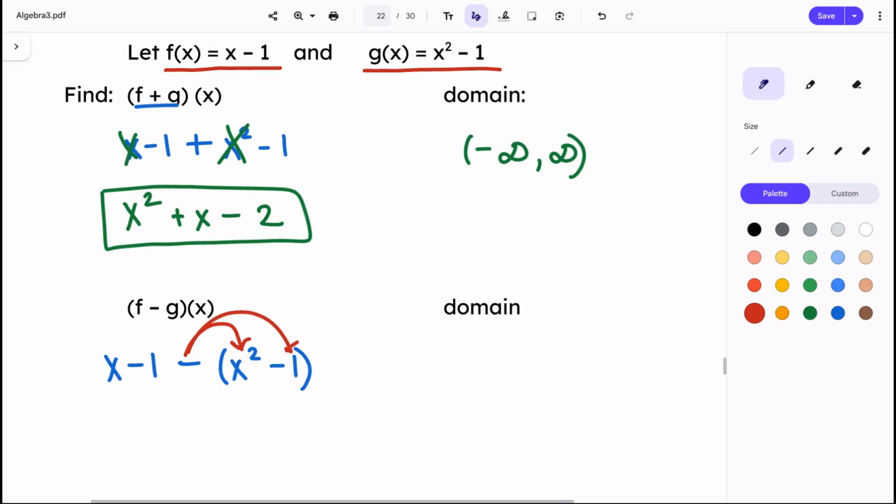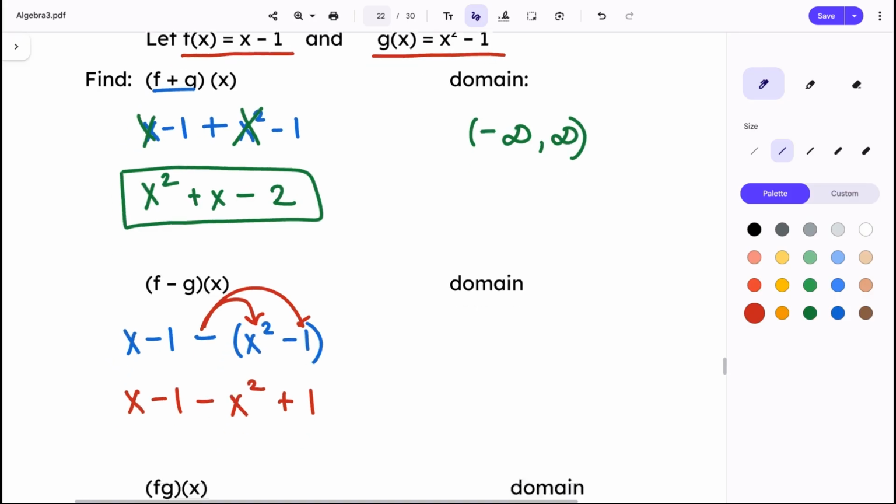So it's important to remember that, because you don't want to just make the first one negative. The second one is also going to change its sign because we are subtracting. So this really says x minus 1 minus x squared plus 1.